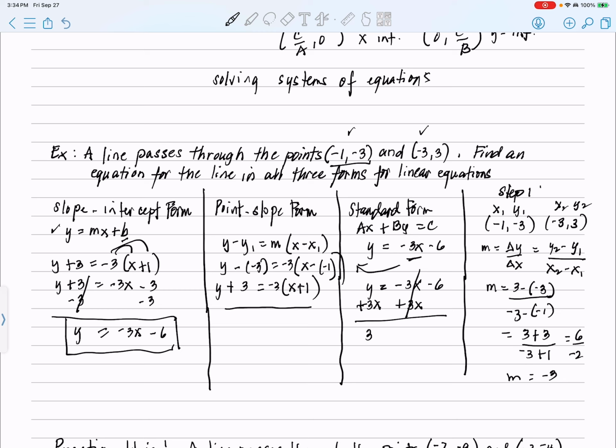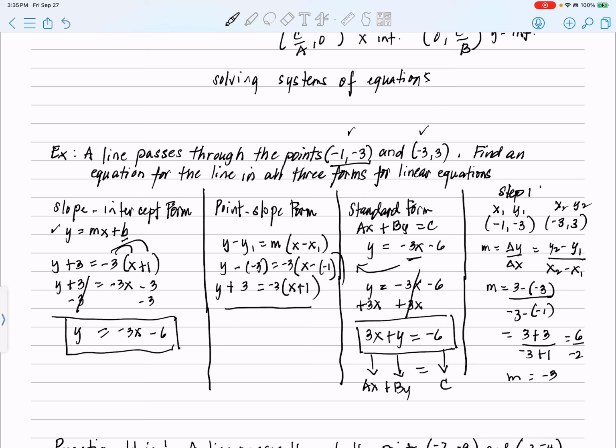So that would become 3x plus y equals negative 6. This is now in standard form. This is the ax, this is the by, and this is the c. Simple, right?